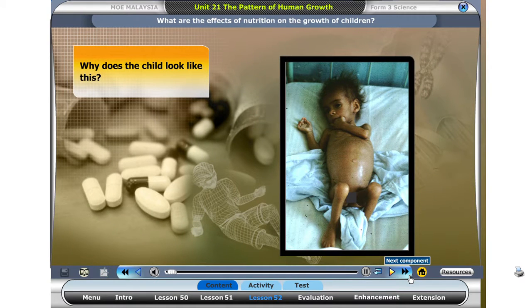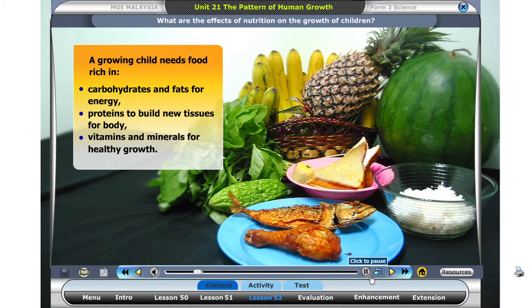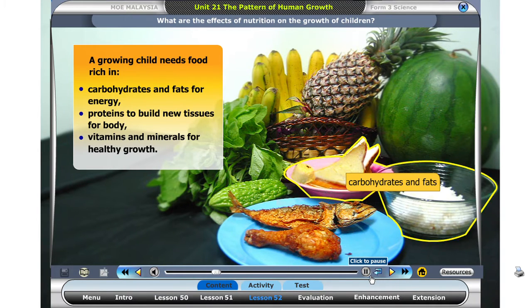Look at this poor child in the hospital. Why do you think the child looks like this? Growing needs a lot of energy. A growing child needs food rich in carbohydrates and fats to provide them energy.